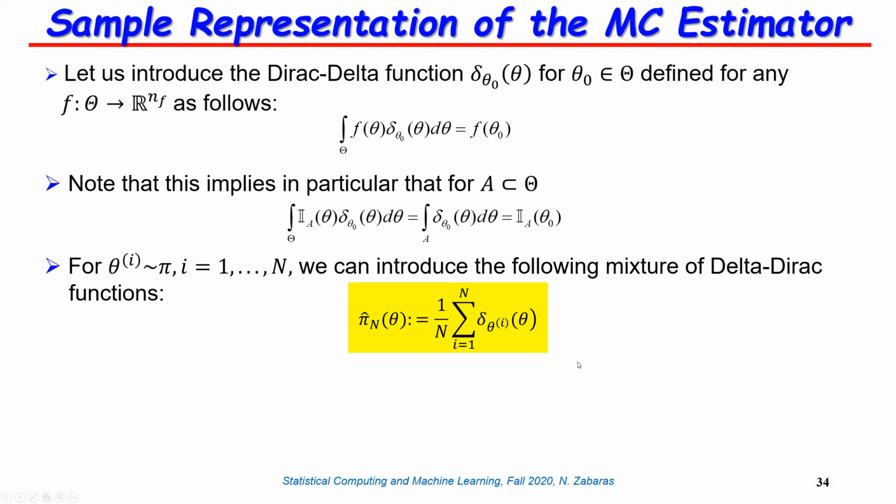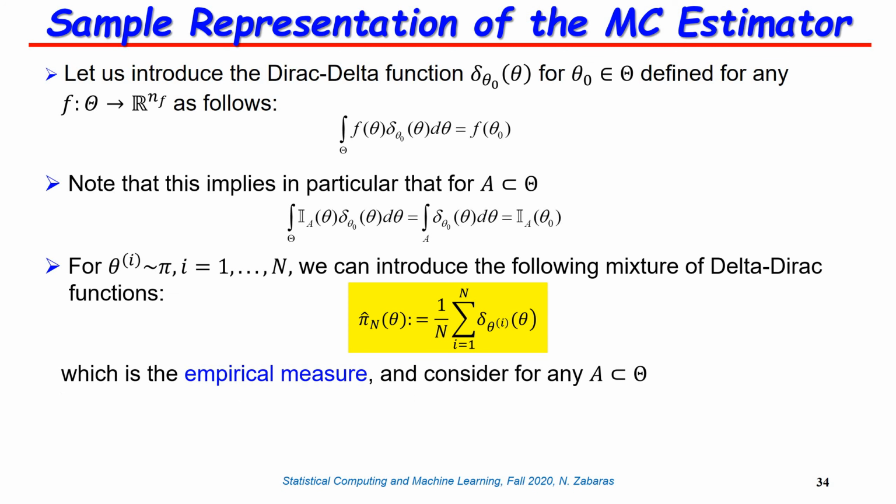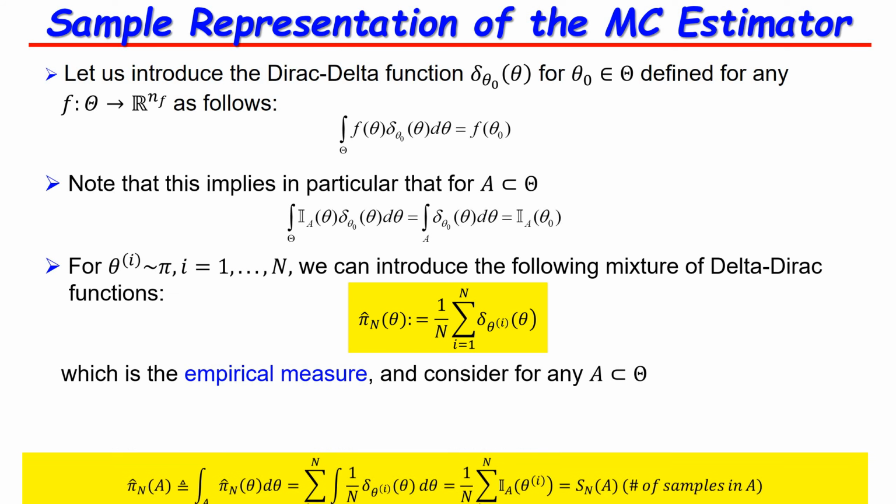Okay, so I have an empirical measure that is denoted like this, and now what I want to ask is, I want to know if I compute with this empirical measure the probability pi hat of A, right?